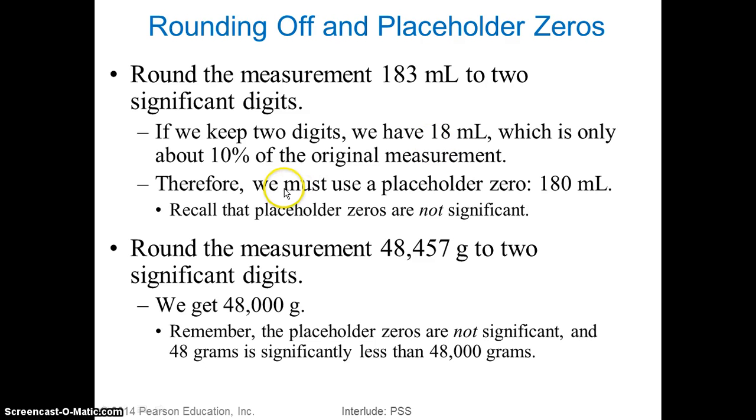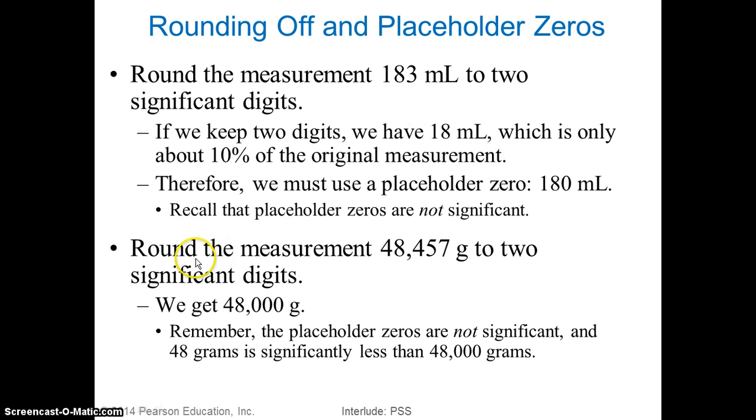So for that we use a placeholder 0. We can round to 180 milliliter, because remember a placeholder 0 does not count as a significant figure. That's why in 180 milliliter we have 2 significant digits. So we can round 183 milliliter to 180, which has 2 significant digits.